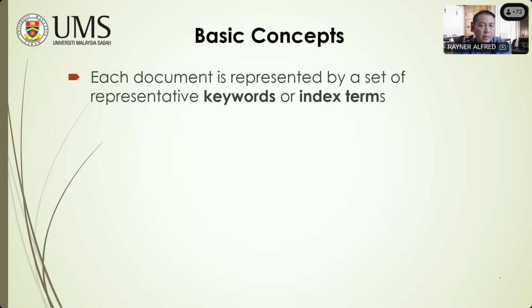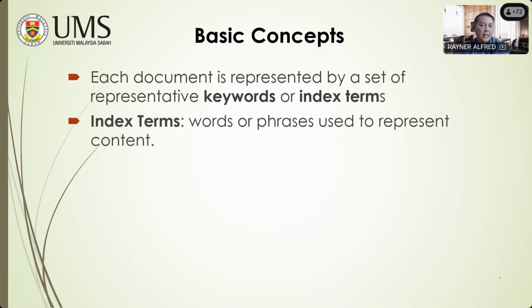So for each document that we have, we will have keywords or index terms that will be used to represent each document. So each document will consist of keywords or index terms. Okay, and these index terms will be collected, and sometimes they call it a bag of words. Okay, a bag of words that represents a document.